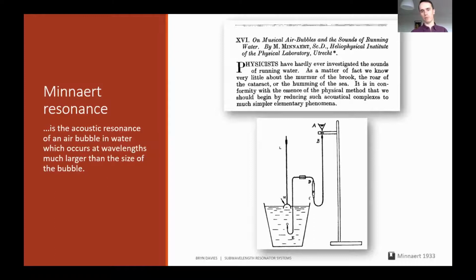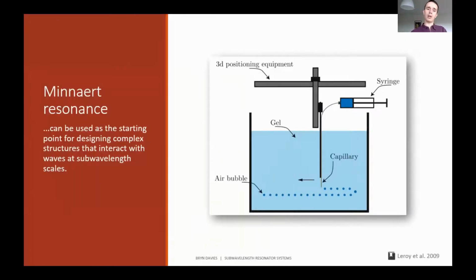And this is not only an interesting phenomenon, but this property, that air bubbles act as very strong scatterers, even at very small scales, means that they can be used as the building blocks for much larger structures.